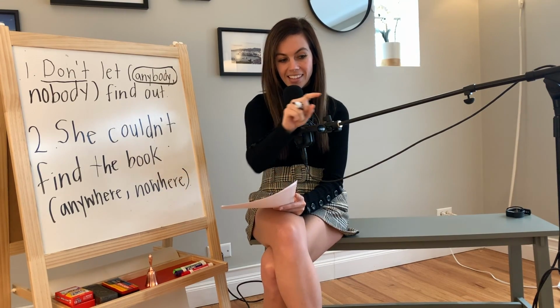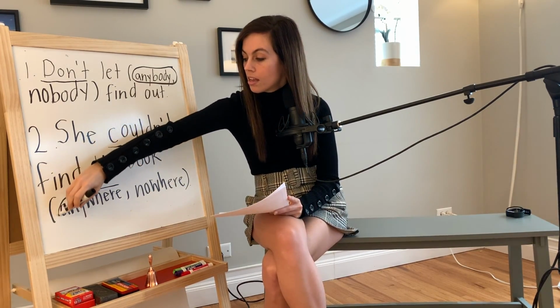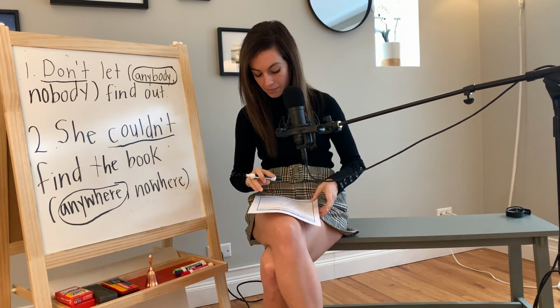Okay, so does anyone see a negative in this sentence? Yes, couldn't, because it has the contraction of n't, which is could not. So that means that we already have a negative. So if we're choosing which one best fits, it can't be the one with the negative. So it has to be anywhere. So she couldn't find the book anywhere. And if you said it, it wouldn't make sense to say she couldn't find the book nowhere. It doesn't make sense. Okay.